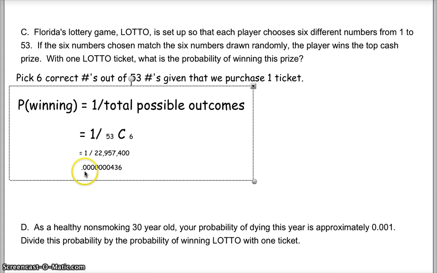That's a probability of 0.0000000437. You can see that it's next to impossible to win the lottery.